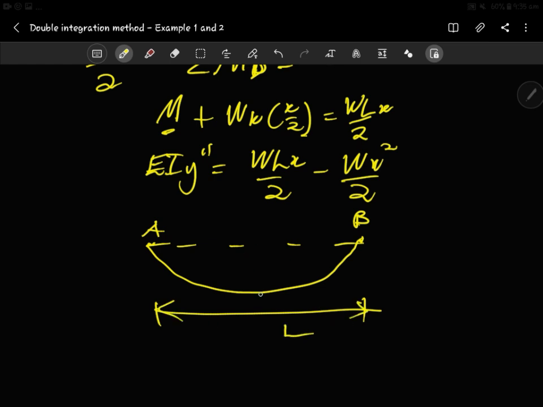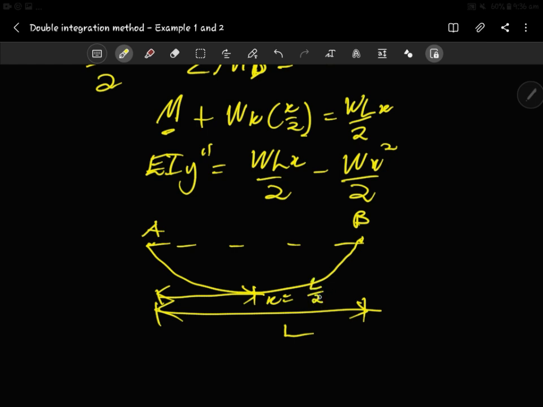Because the force is uniformly distributed, the deflection will be at the center, midway between A and B. So the maximum deflection we're looking for is where our coordinate x goes to L on 2. Let me write this one.